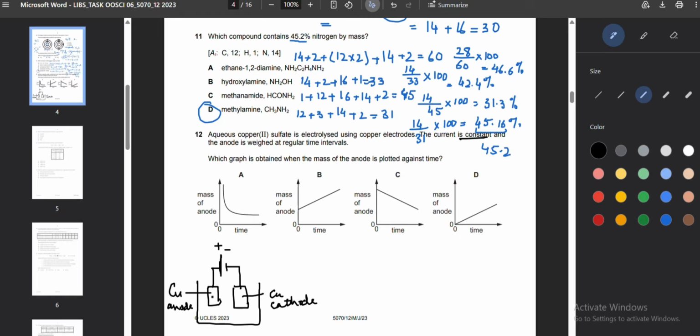And what happens during the process, that from the anode, copper atoms lose electrons, they change into copper ions, and then they get deposited on the copper cathode. Alright, so what happens at the anode?